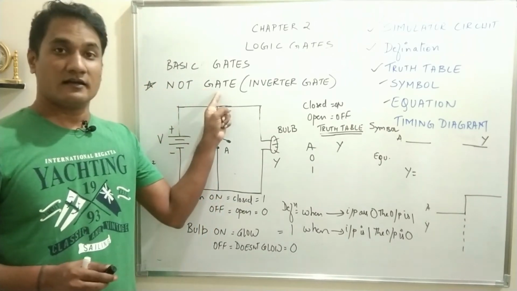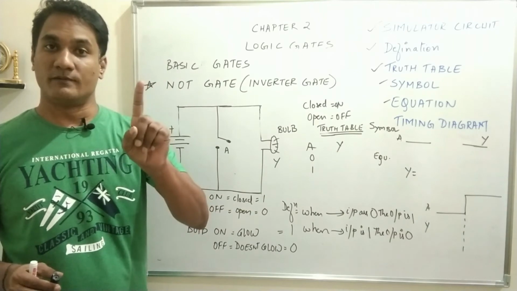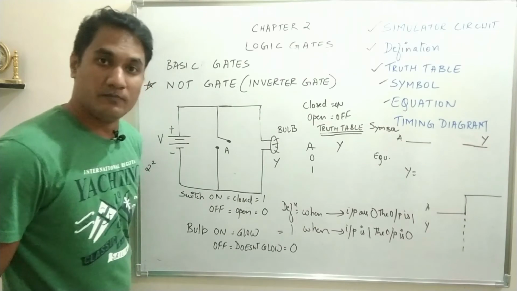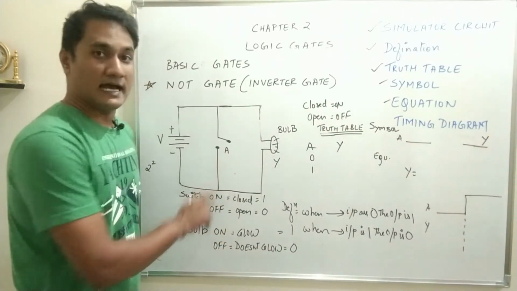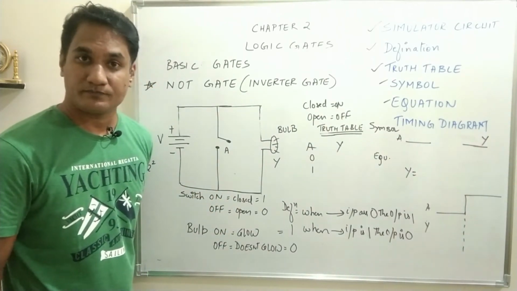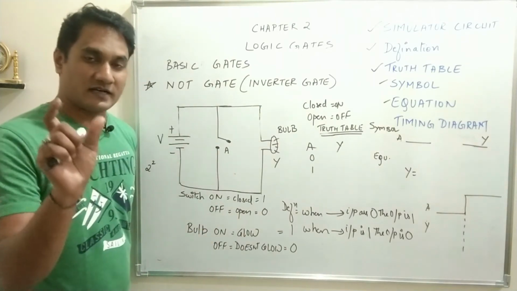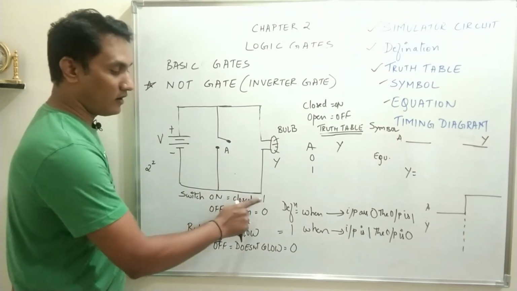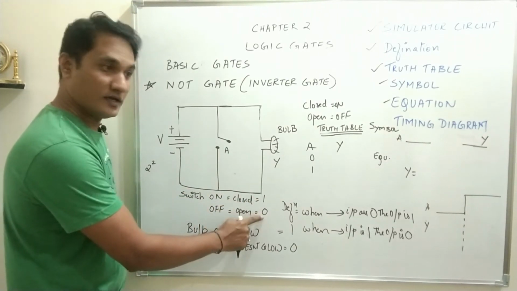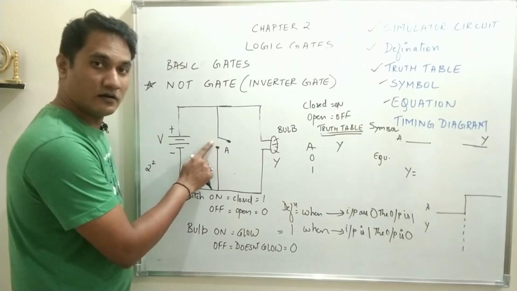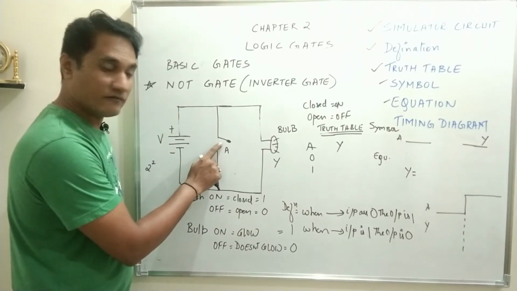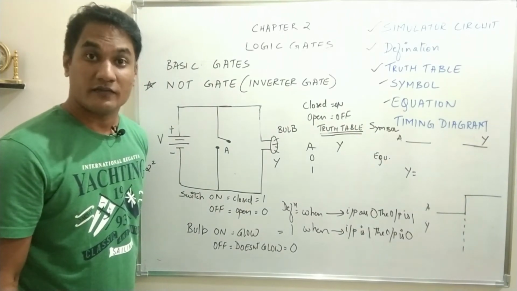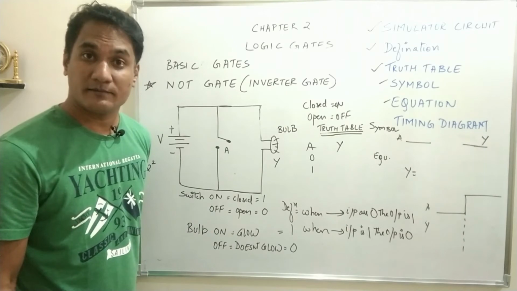NOT gate has only 1 input, and that 1 input is connected in parallel to the bulb, and we call this a short circuit. Let us try to understand what exactly I mean by short circuit. Of course this switch either will be on or will be off. When the switch is off, that means the switch is open, will there be any flow of current through the circuit? Of course not. That means it has a high resistance path.